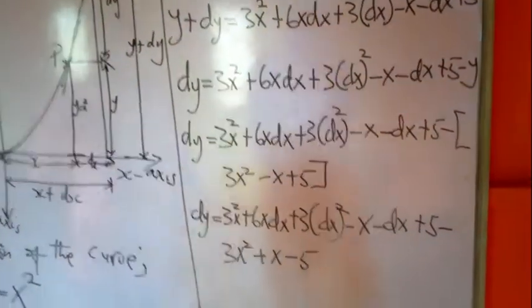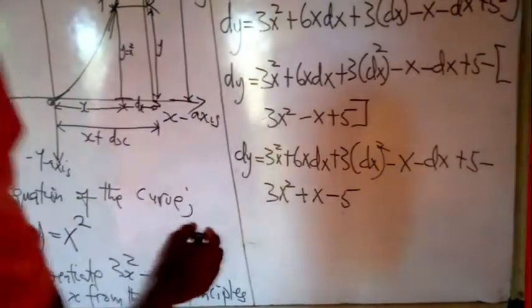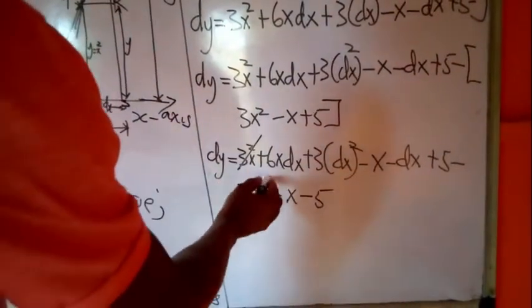So having done this, let's see whether we can do the cancellation. 3x squared minus 3x squared will cancel.